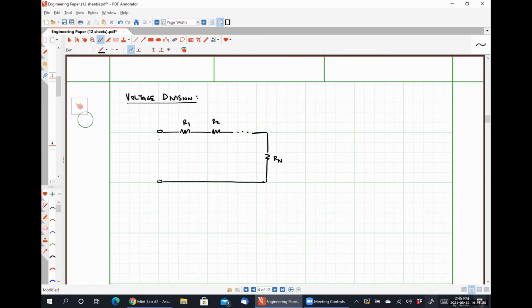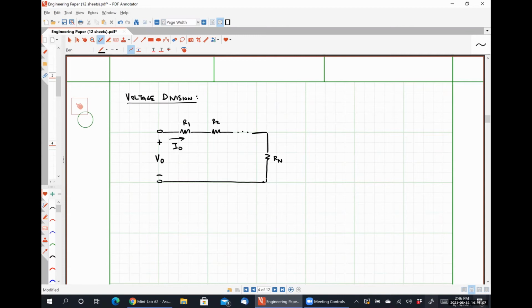And let's also say that there is some known voltage drop across this series combination of resistors. I'm intentionally not drawing a source here because we don't have to have a voltage source present to be able to apply voltage division at all. We just need to know what the voltage is. Since all of these resistors are in series, they will all carry the same current, and I'm going to call it I naught.